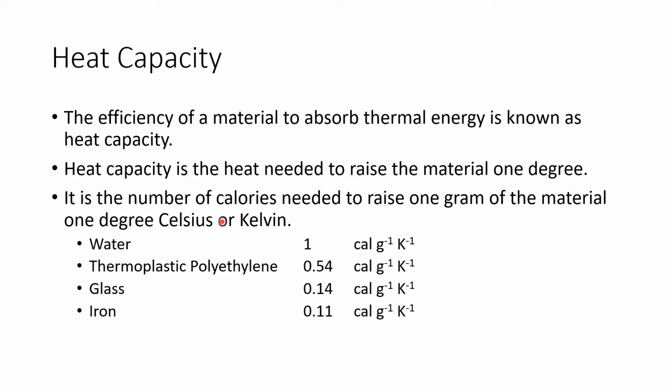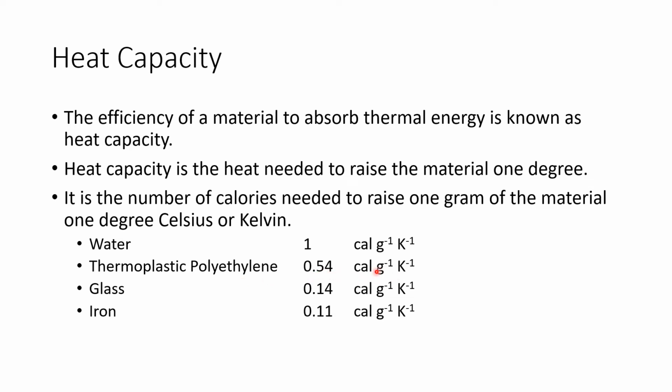So it's the amount of heat, measured in calories, needed to raise 1 gram of material by 1 degree Celsius or Kelvin. For water, heat capacity is just 1: you need 1 calorie to raise 1 gram of material by 1 Kelvin. Thermoplastic polyethylene, you need 0.54 calorie.